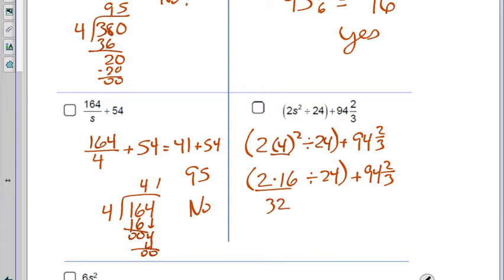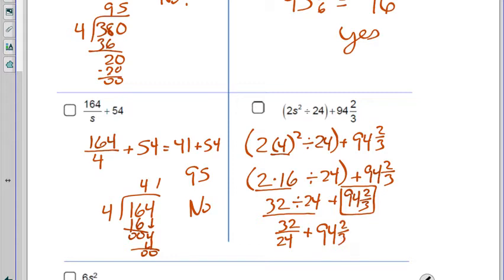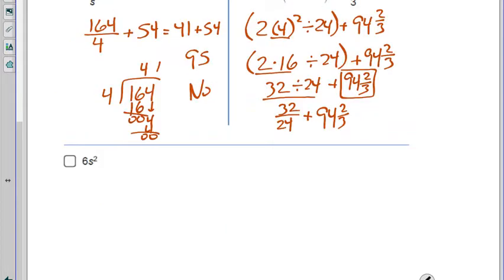So I get 32. Now, there's lots of ways to think about this division problem, 32 divided by 24. I could come to the side and divide that out. Thing is, I want to deal with fractions. So I want a fraction answer. So I'm going to call this 32 divided by 24 like that. And then I'm going to simplify that. 24 goes into 32 once, with 8 24ths left over.